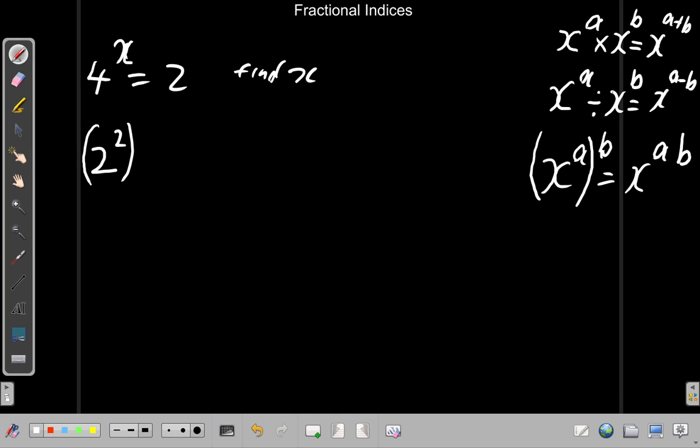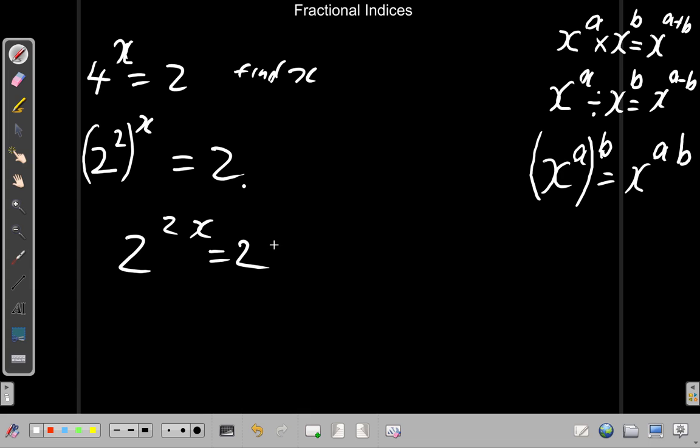Let's put it in brackets and raise to the power of x, equal to 2. According to the power law of indices, x to the a and that raised to the b is x to the a times b, multiply the indices. So 2 to the 2 and that raised to the x is equal to 2 to the 2x, equals 2.